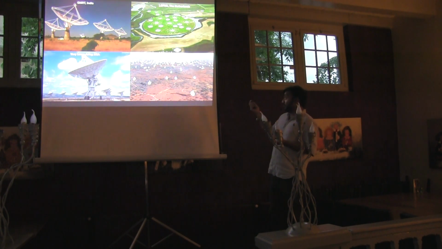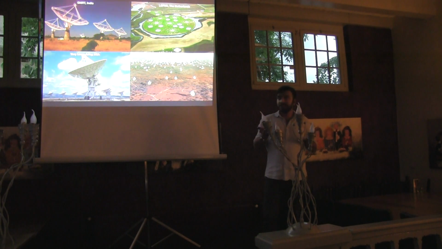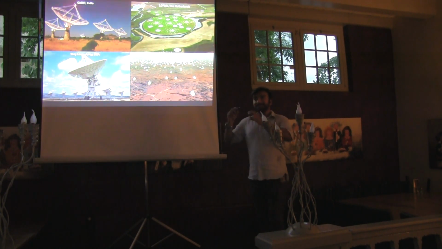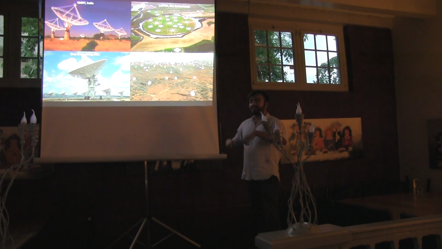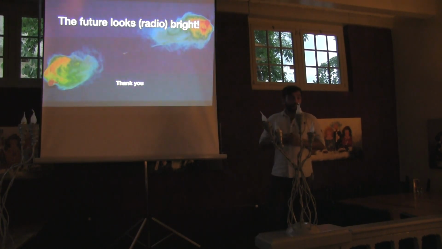And in the future, we have the Square Kilometer Array, which is essentially a radio telescope on steroids. It's going to be built in 2 countries and it's going to operate at the same time. So that's going to be in the southern hemisphere in Australia and South Africa. So the future looks bright if you're a radio astronomer, and it just gets better and better.